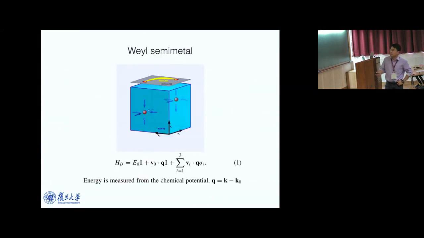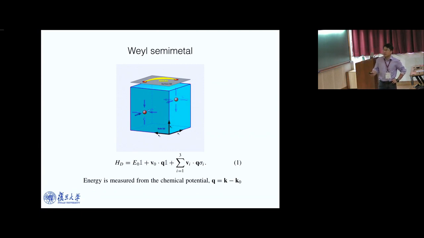So what is a Weyl semimetal? A Weyl semimetal is a particular band structure in a three-dimensional bulk material. It's a free electron property. In a three-dimensional material, the electrons hop on the lattice and form bands, Bloch wave functions.